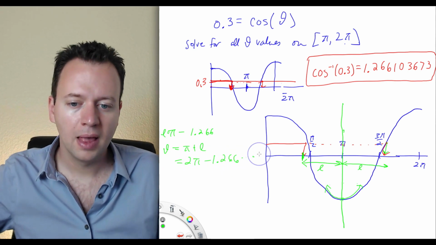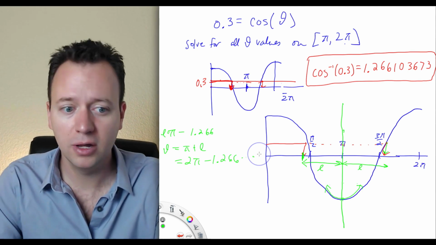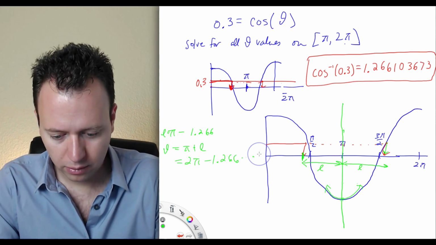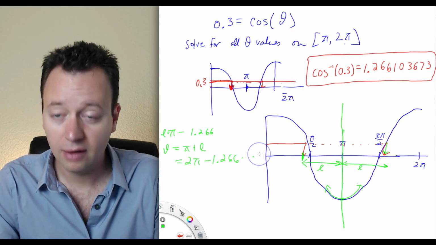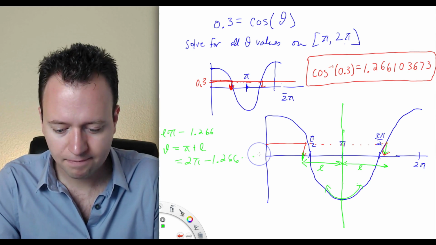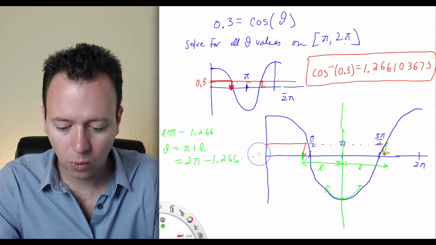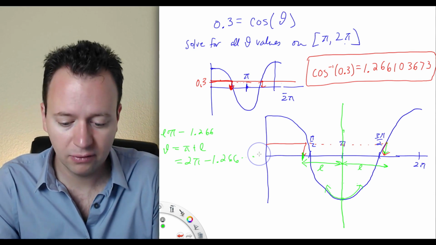dot dot dot. Normally I don't write that all down. You can just look at the picture. So with 0.3 arc cosine, we have our 1.266 number. Let me just subtract that from pi, and that's L. L is 1.875, so I have that in my calculator, 1.875.